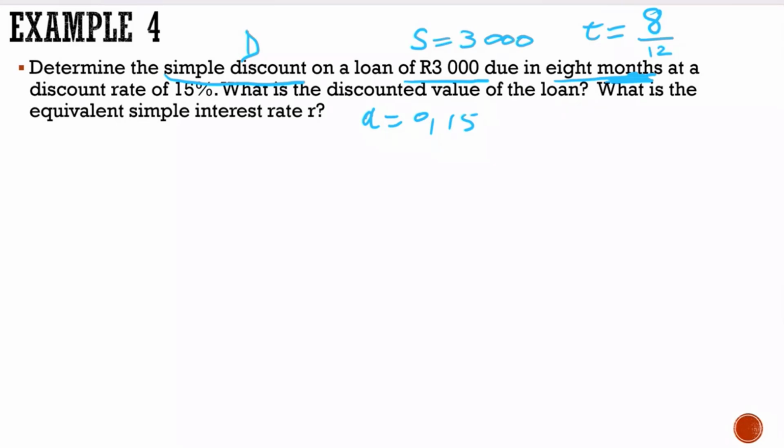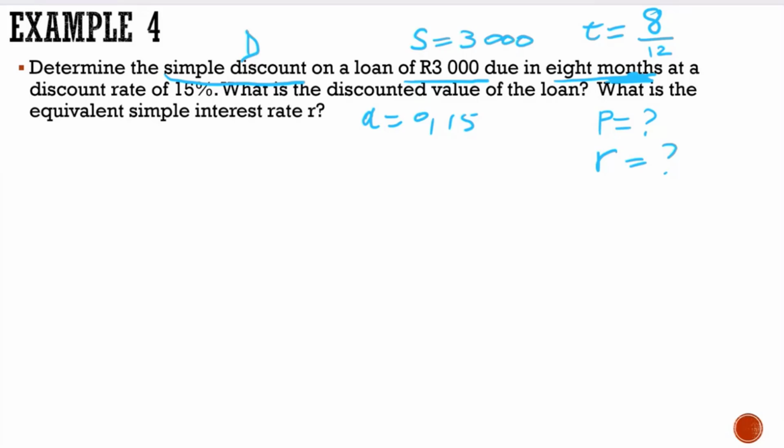Remember, the discounted value from the theory is equivalent to the present value. So you are asked to calculate the present value. And also you are asked to calculate the equivalent simple interest. So there are two things that you need to calculate here.